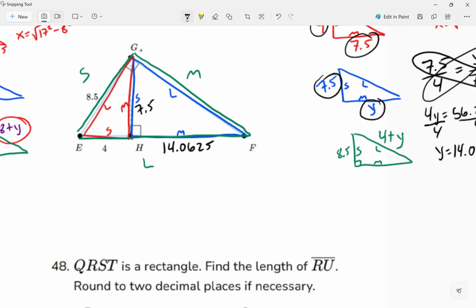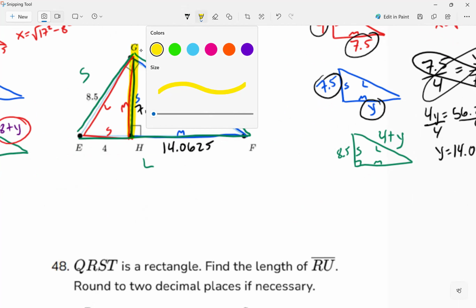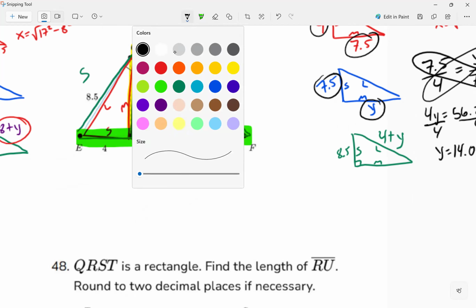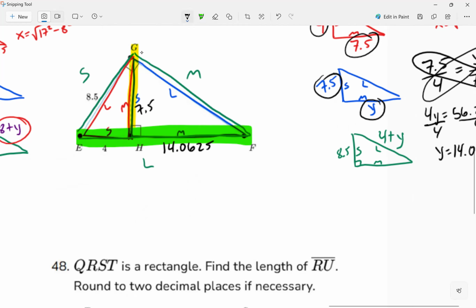All right. And then this side here is 7.5. I think I can get the area of this triangle now. Because remember, all I need is this side I highlighted in yellow, and this side that I highlighted in green. And I know I have to multiply them first. I have to go 7.5 times, open parentheses, right here at the bottom, 4 plus 14.0625.